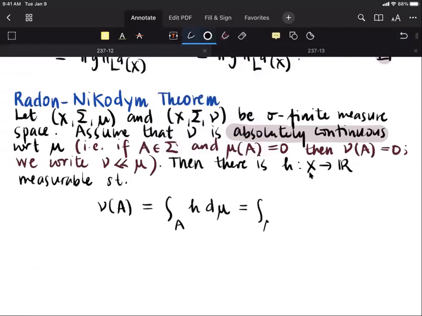Recall that integration over a subset is just the integral of the function times the characteristic function. And this is true for all A in sigma.